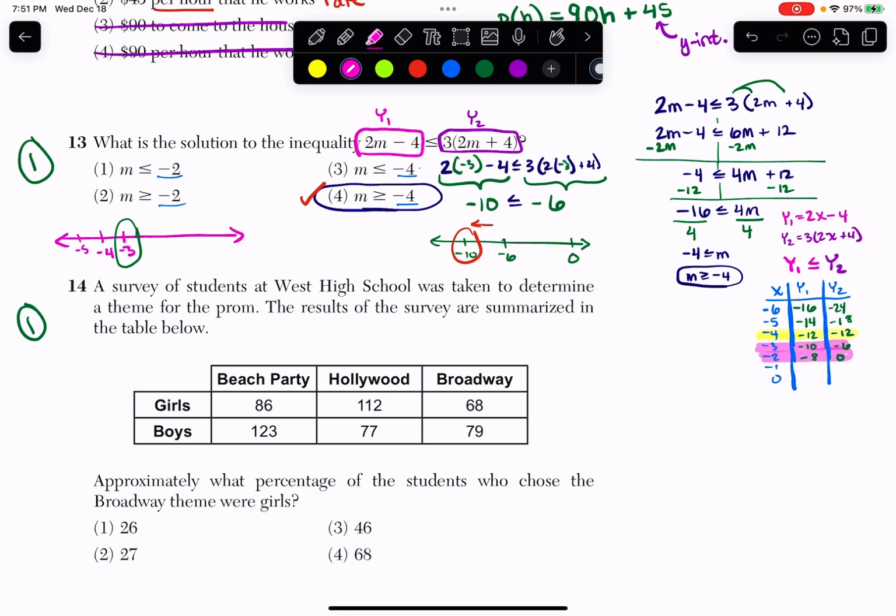So we know that they are equal at -4, and then y1 is less. We have success above -4. So that's a third way of checking: when x is greater than -4, or when m is greater than -4, this statement is true.